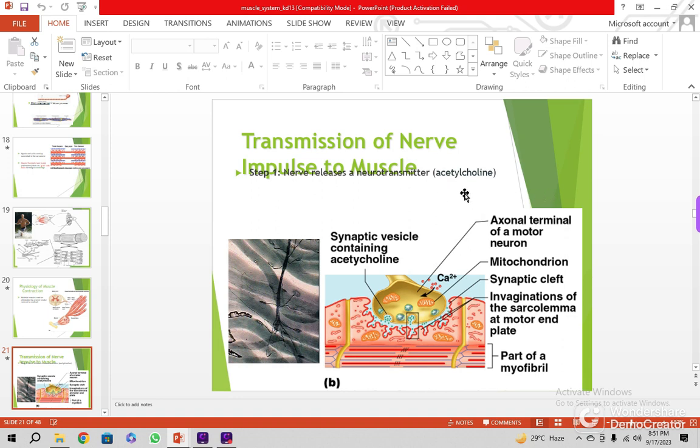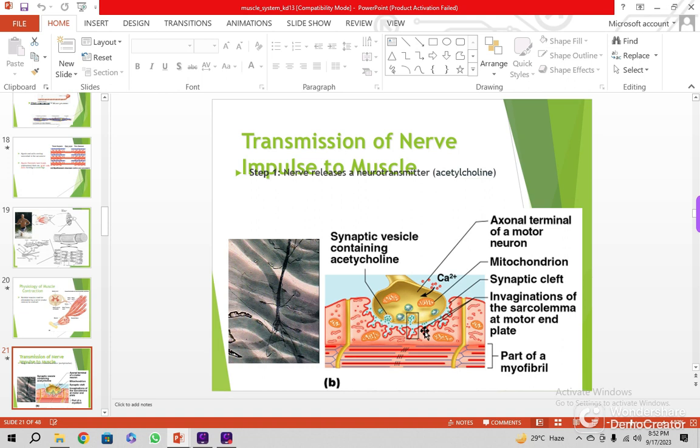One of these is called acetylcholine, which is present in the skeletal muscles only, but not in the smooth muscle. There is another way to stimulate the smooth muscles or cardiac muscles. Acetylcholine is the only neurotransmitter yet detected at the neuromuscular junction.